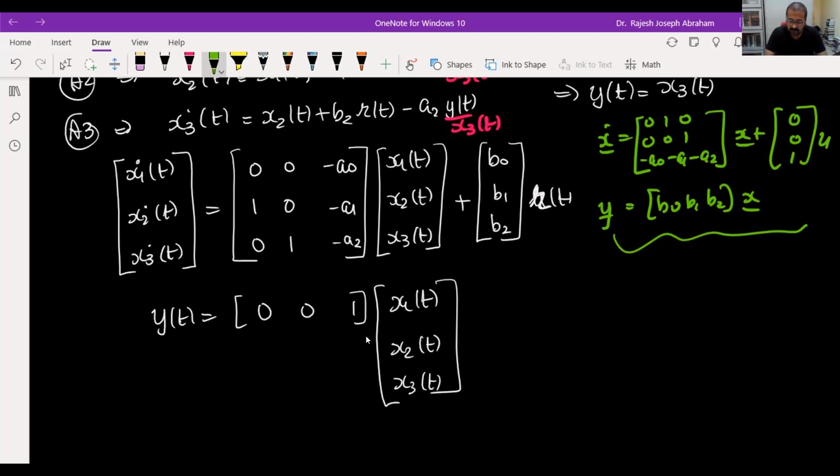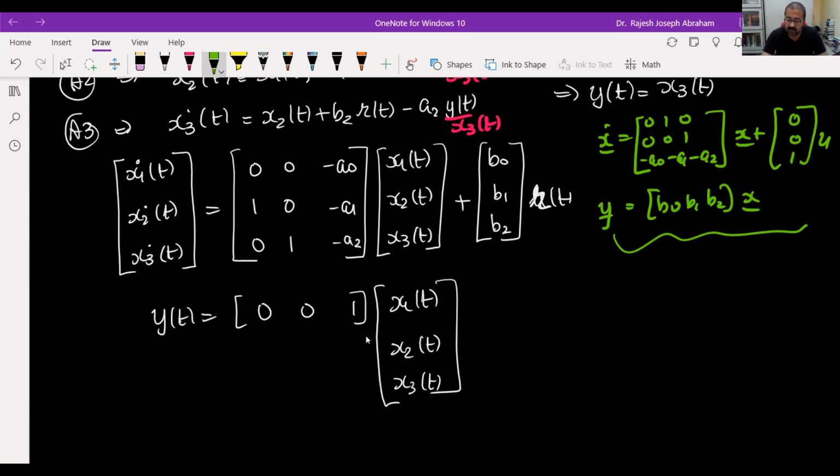So the B matrix in CCF will be C transpose in OCF, and the C matrix in CCF will become B transpose in OCF. And the A matrix in CCF will become A transpose in OCF.